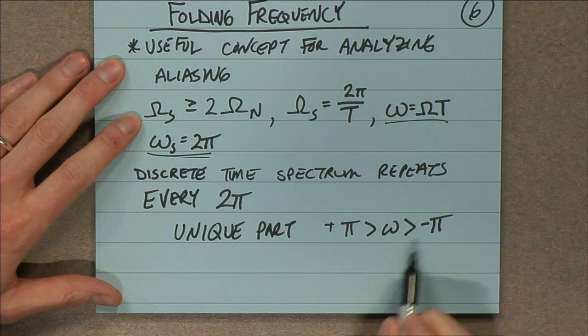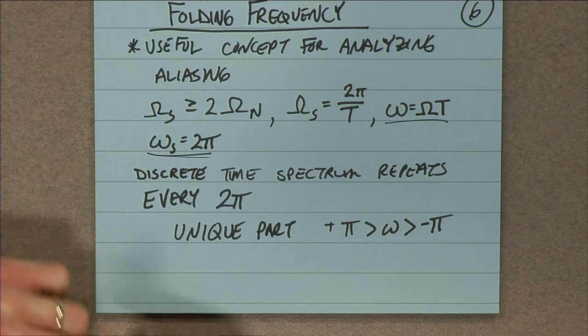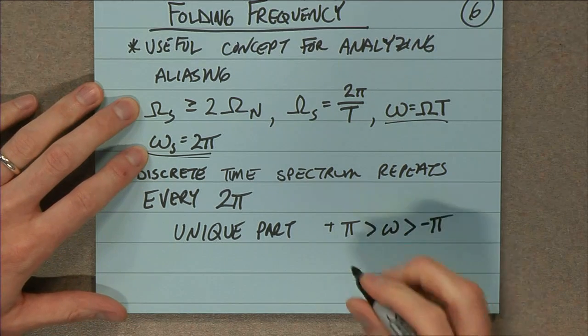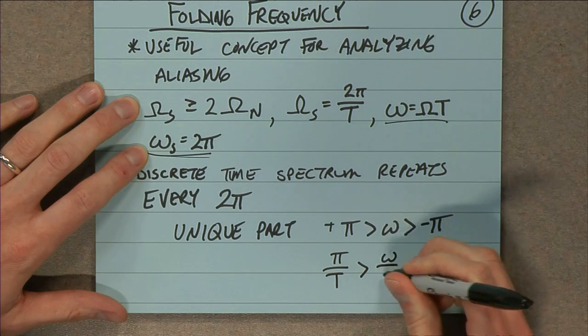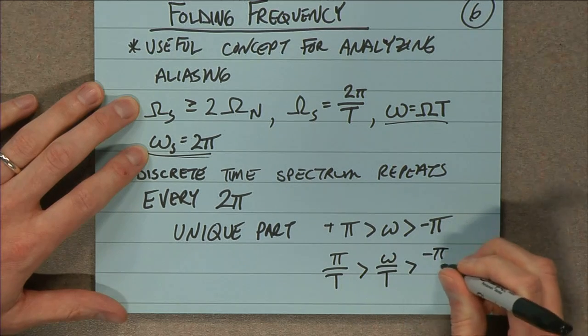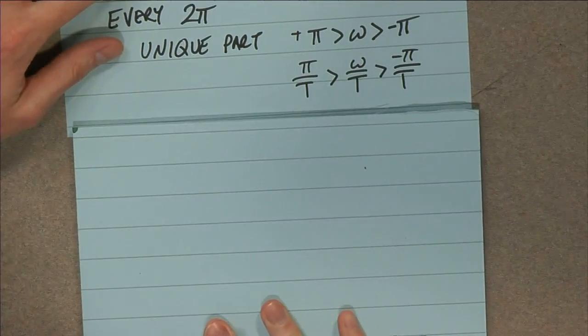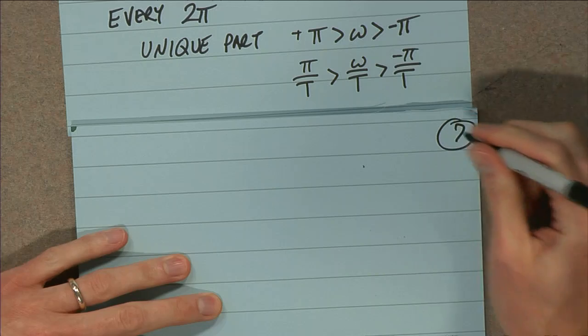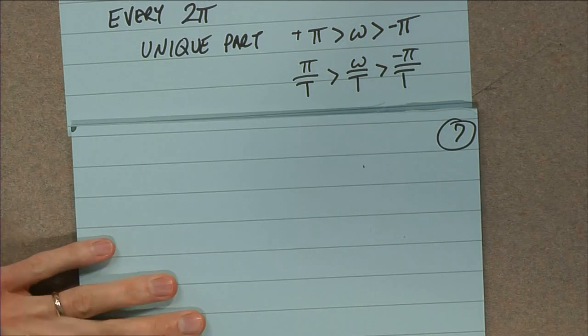So let's play around with this and see what the obvious implication is. So if we divide both sides by capital T, or the sample period, what do we get? I get that expression. But what is pi over T?